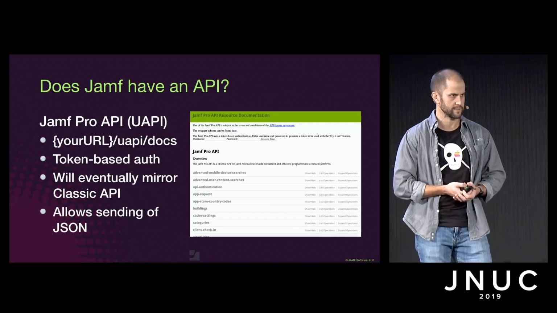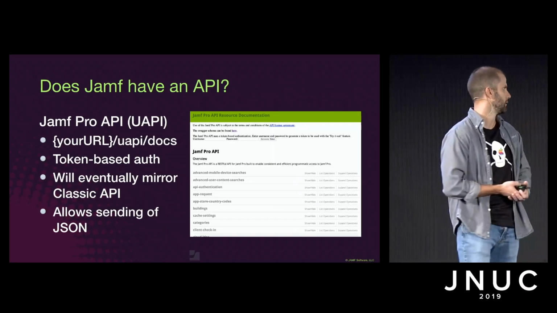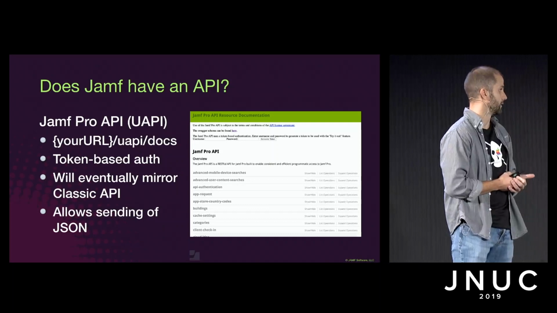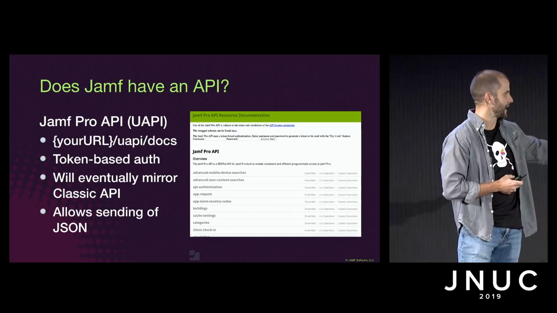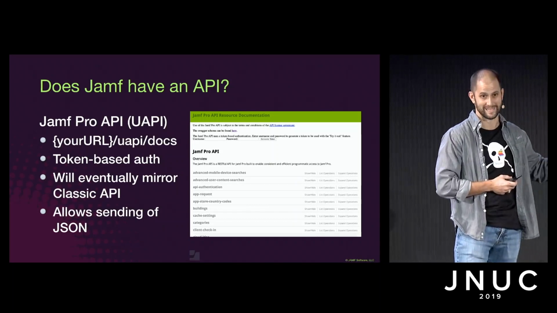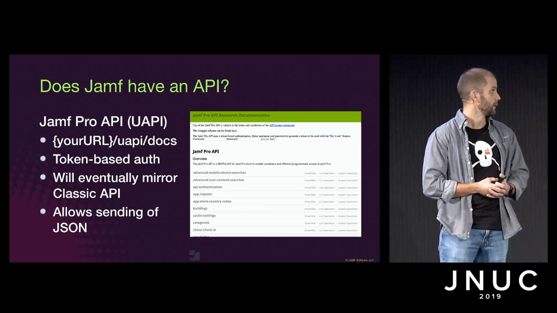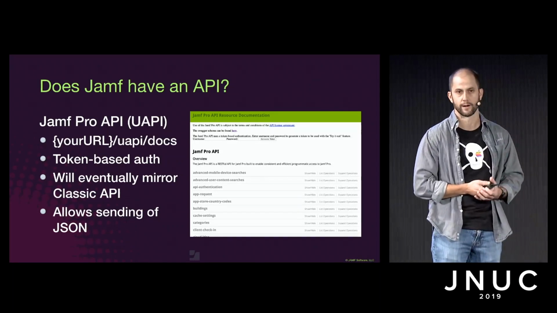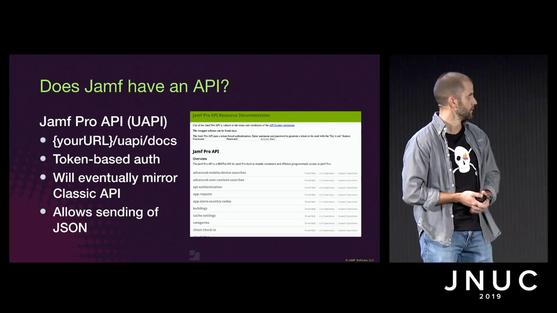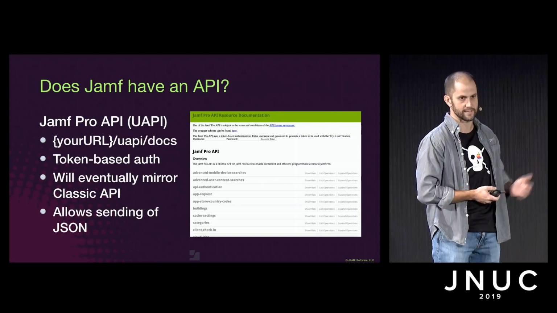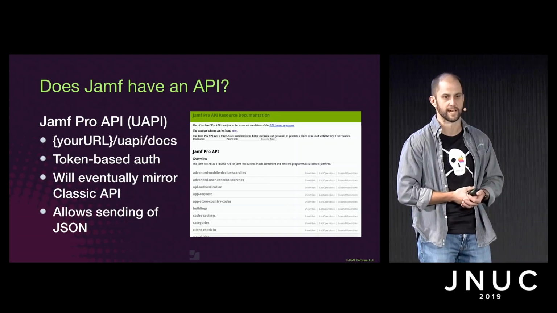You'll be using tokens instead, which can also be encoded. And it requires you to send in JSON. I should have corrected that. The Jamf Pro API requires you to use JSON instead of XML. So on this side of the house, you'll be using JSON. In Classic, you can use XML if you prefer.